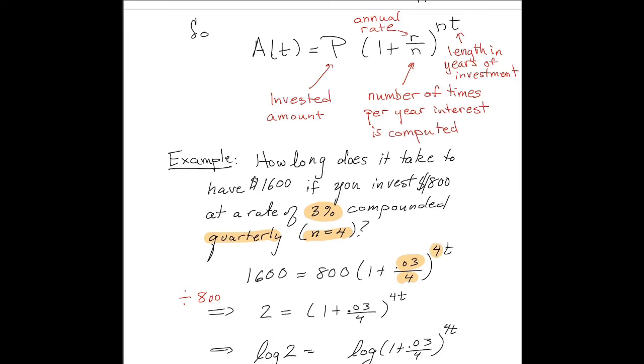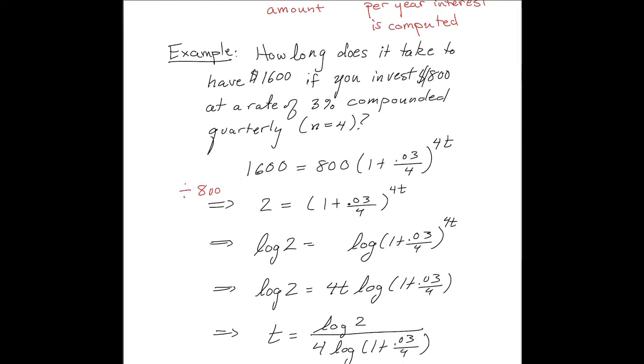We are investing $800. And we want to know when we have this amount in our account. So what we're interested in is finding the t in years. So we have this equation. We want to solve it for t.